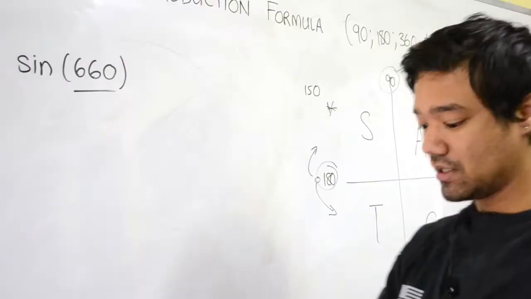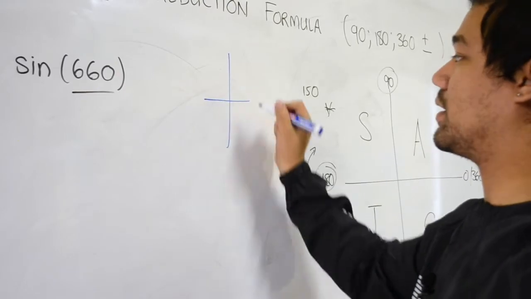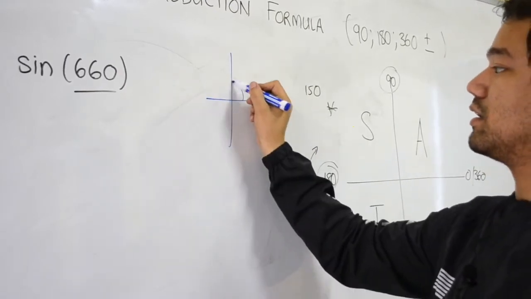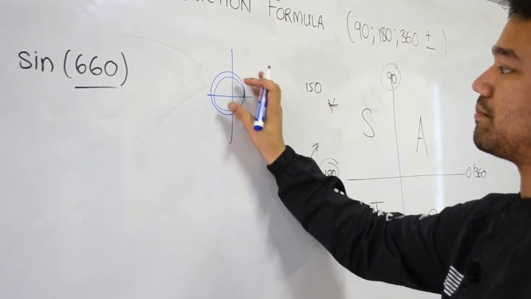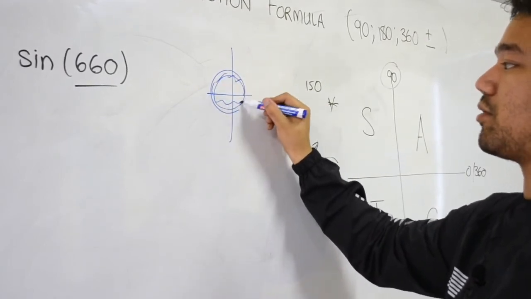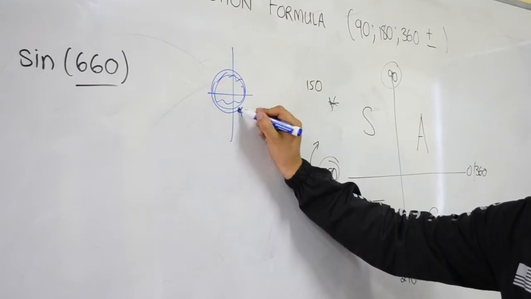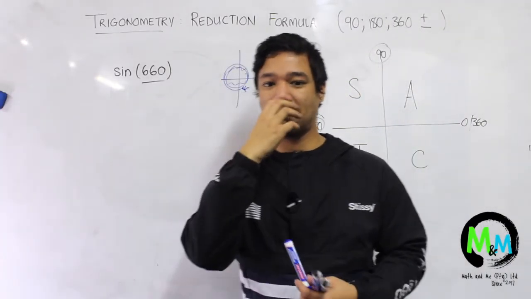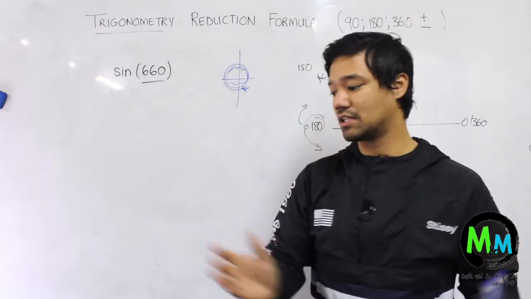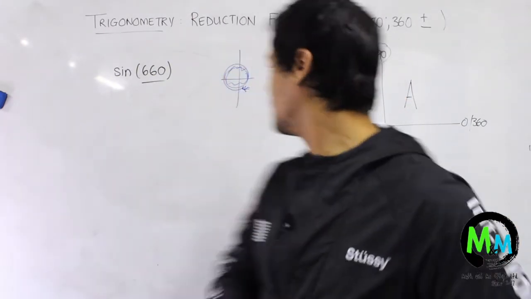If you think about it, 660 is a full revolution and then some. Are you with me? So if we minus a full circle, we're taking that first part away and we'll still end up in the same position. Because of the way my graphs repeat themselves, I can minus that full wavelength from it.